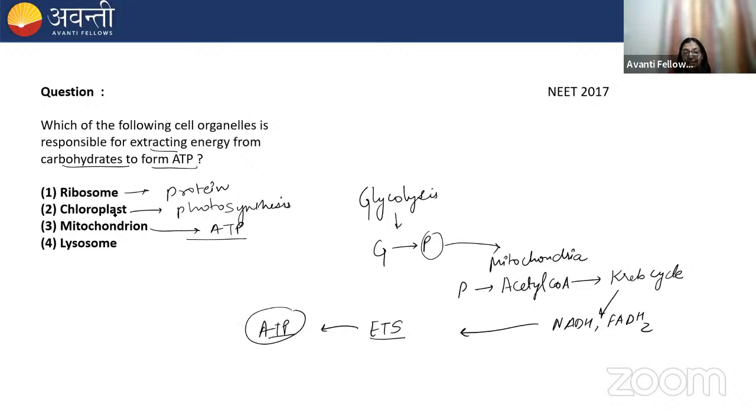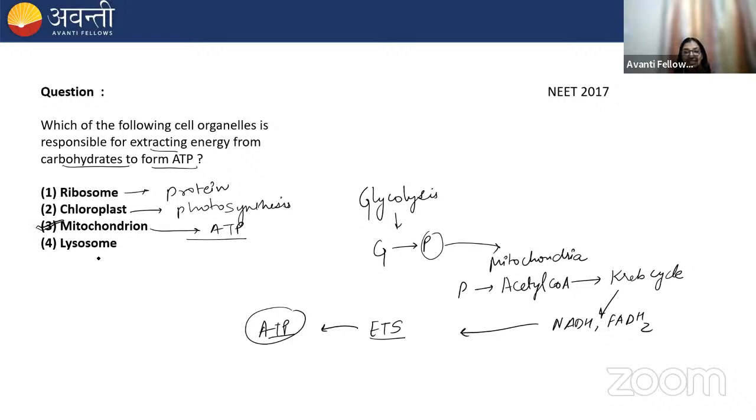That is why the mitochondria is known as the powerhouse of the cell, because this aerobic respiration takes place, and it is the site where the ATP synthesis occurs. So the organelle which is responsible for extracting the energy from carbohydrate to form ATP is the mitochondrion.